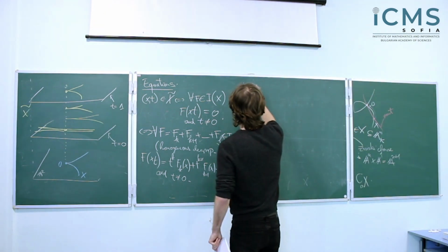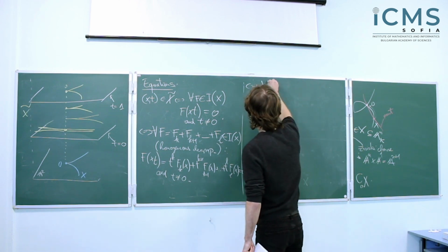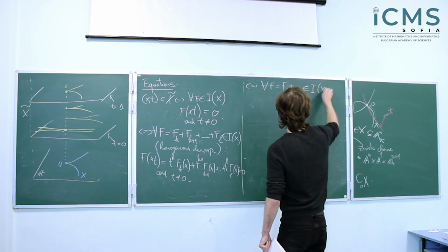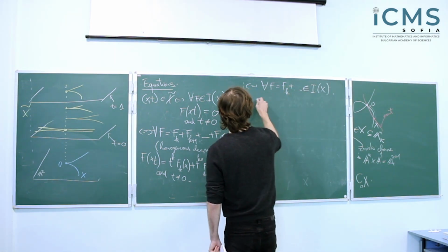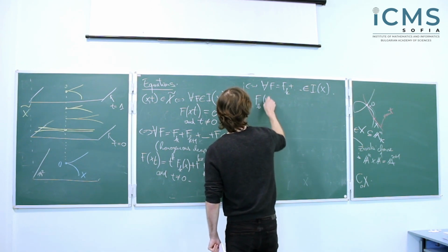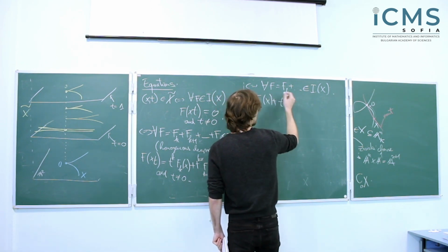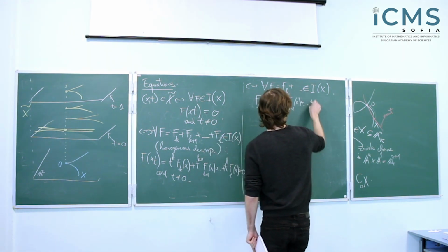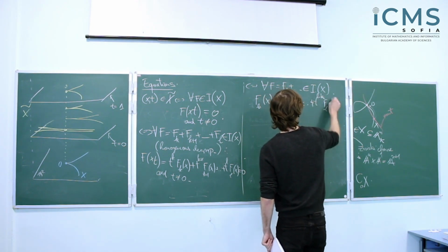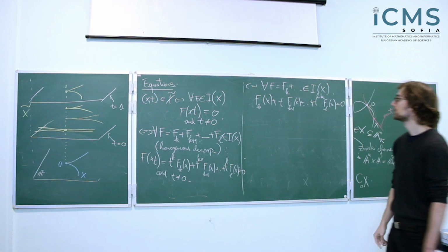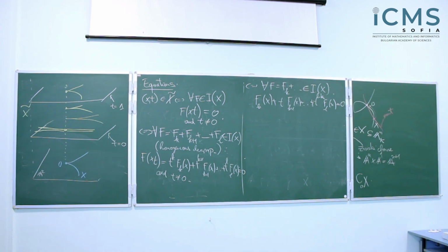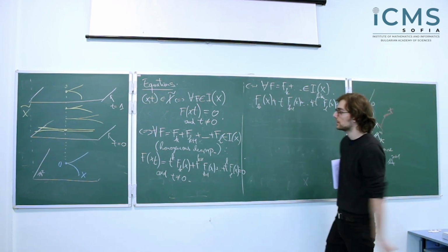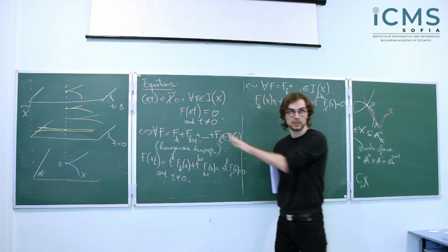So this is equivalent to, for all f in I(X), f_k(x) plus t f_(k+1)(x) plus, and so on, equals 0. So these are going to be our equations for X tilde, right?